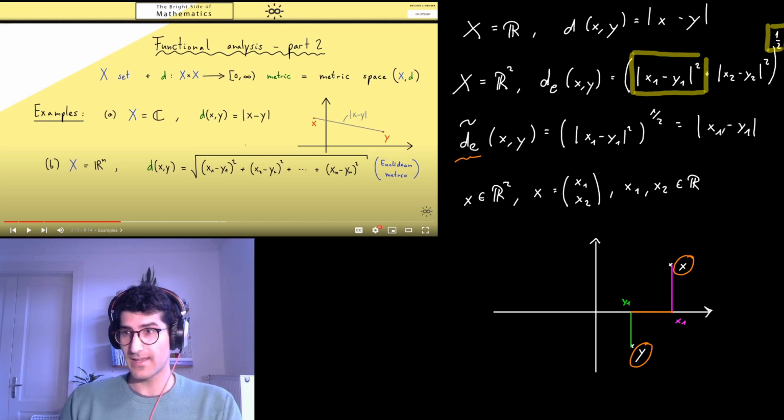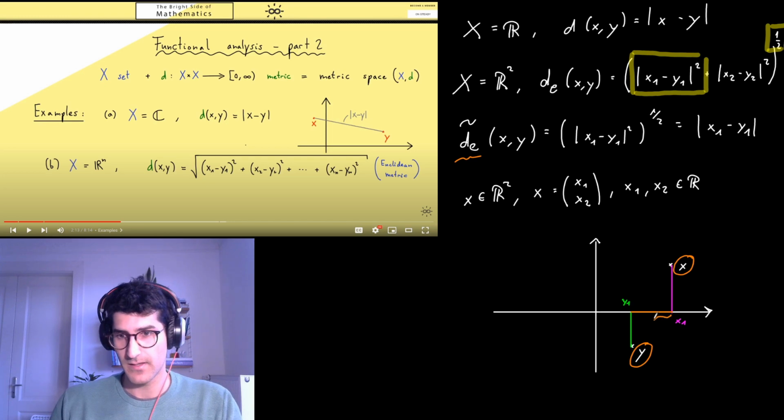So calculating the distance between the first components, the length here would be dE tilde of x and y.